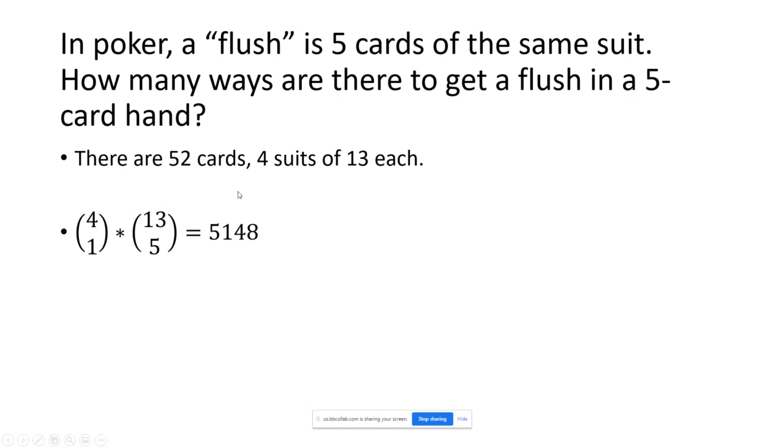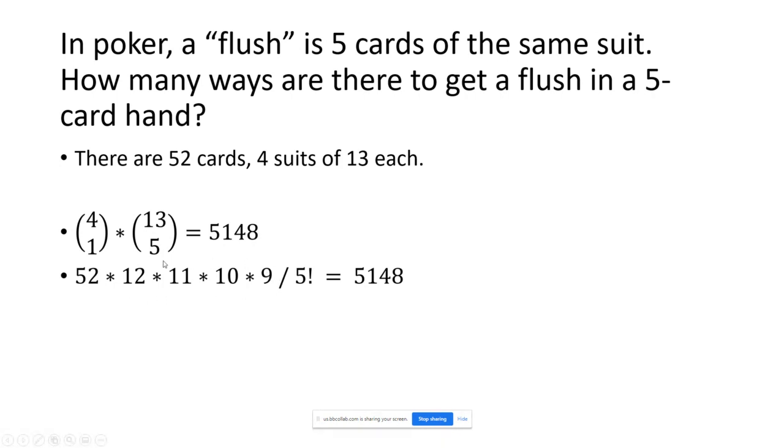The other way we could do this problem would be to say, first we choose 1 card, and there we have 52 choices. And then for our second card, we want to choose a card from the same suit as whatever the first card was that we picked. So there are 12 choices from that suit that are left. Then 11 choices for the third card from that same suit, then 10, and then 9.